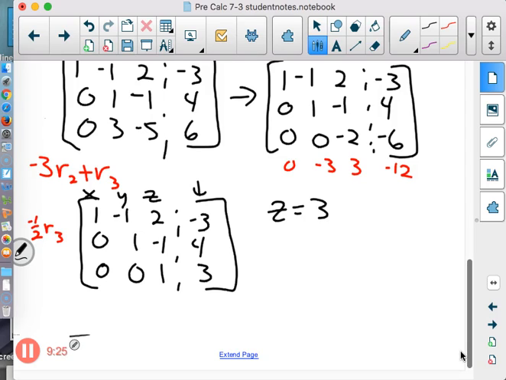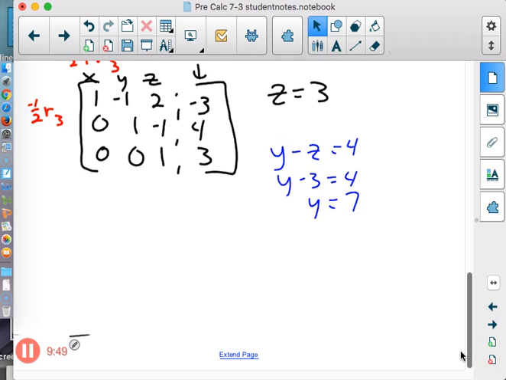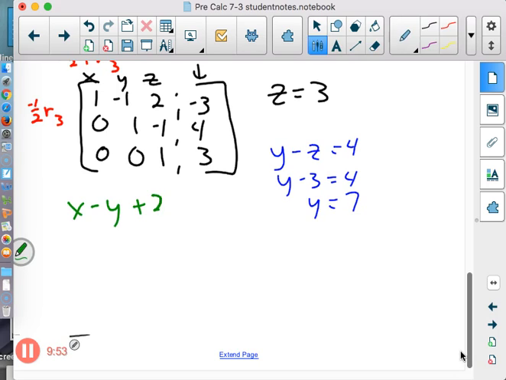And we'll do that back substitution to say, okay, this one is y minus z equals 4. Well, I now know what z is. Z is 3. So y is 7. And now go right up to the top where we have 1x minus y plus 2z equals negative 3.